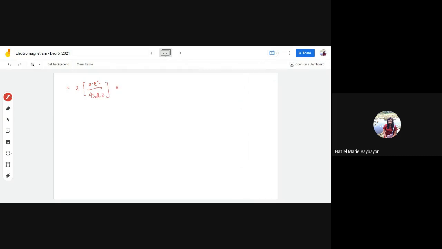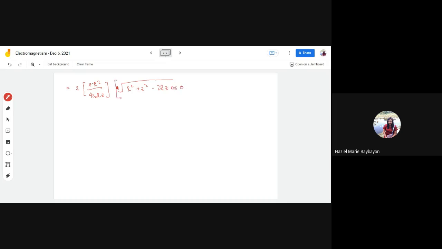And then what is left is your u raised to the power of 1 half, or this is just equal to the square root of r squared plus z squared minus 2rz cosine theta.